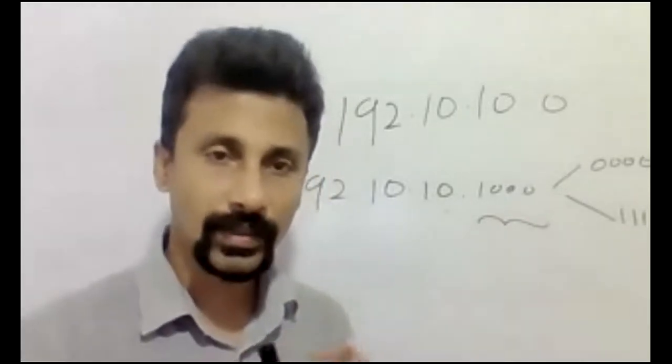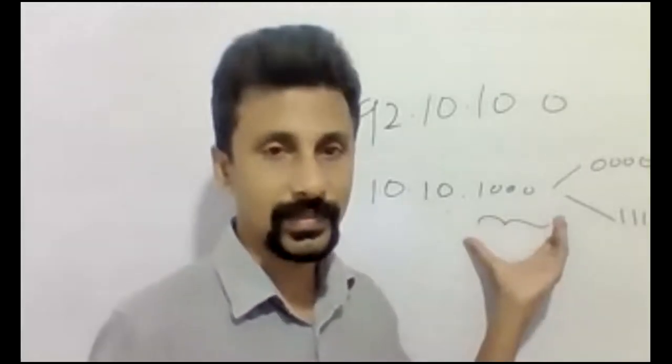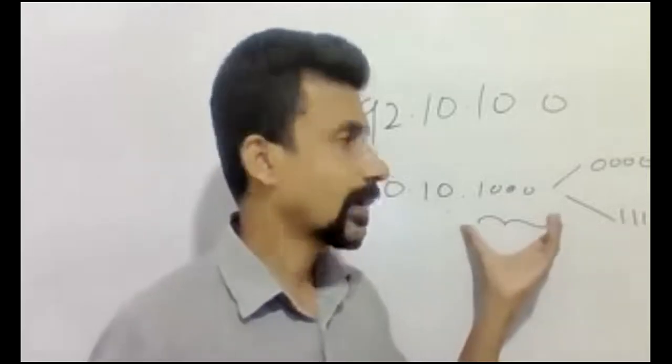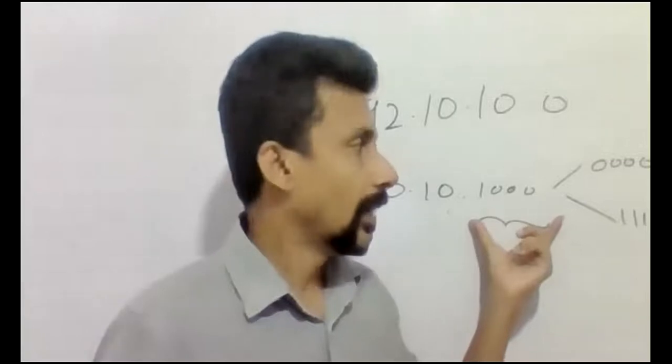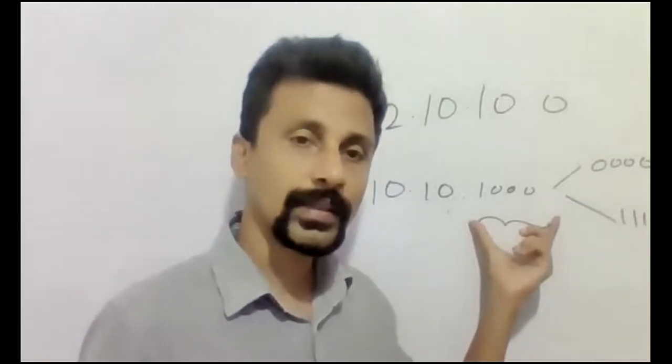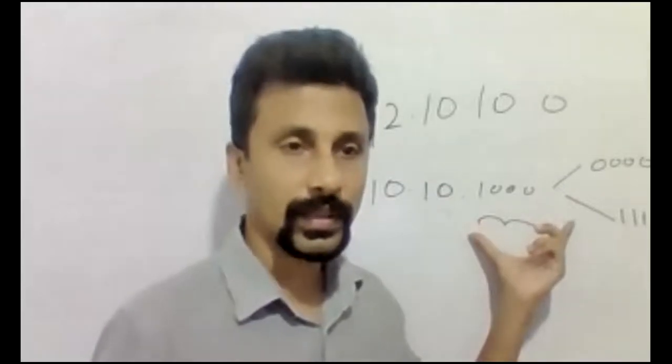The ninth one is one less in the decimal value of this bit pattern. The decimal value from these 4 bits is 8, so 8 is your 9th subnet. Why? Because you are starting with all zeros. Is that clear?